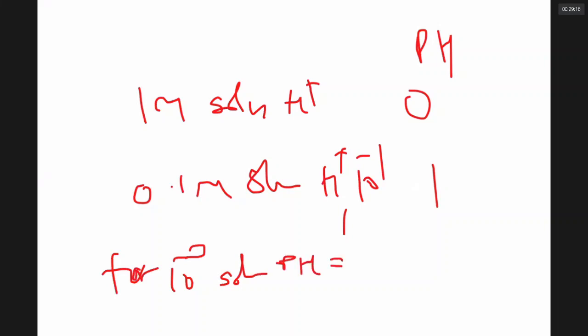For 10 to the power minus 3 molar HCl solution, the electrode potential is approximately minus 0.18. Are you clear?